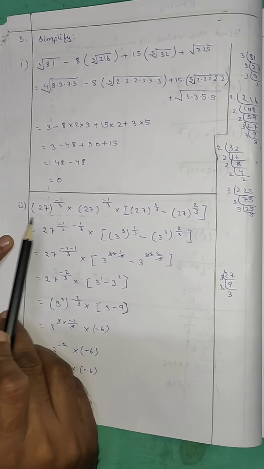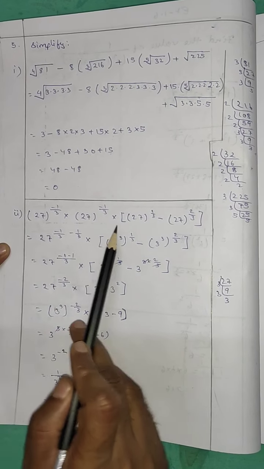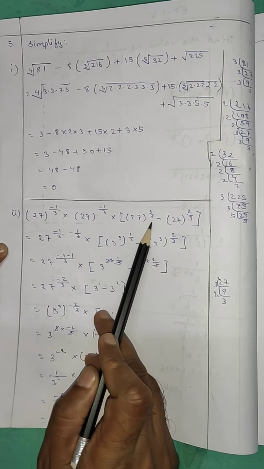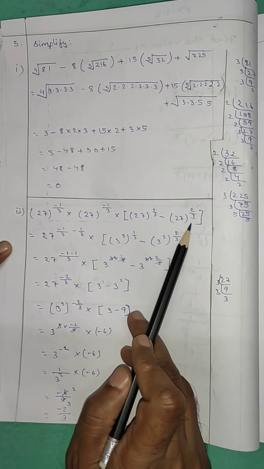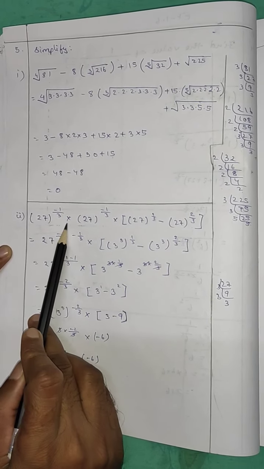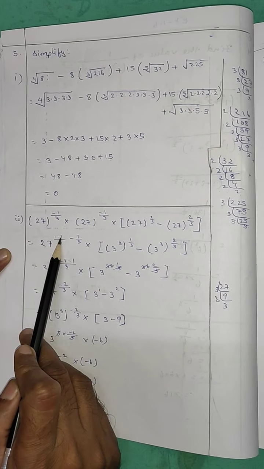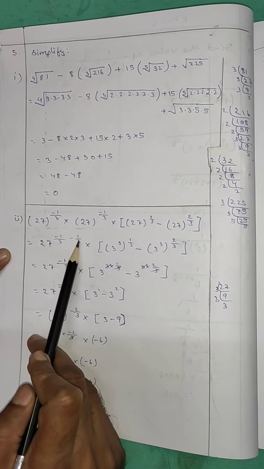Question number 2 now. 27 to the power minus 1 by 3 into 27 to the power 1 by 3 minus 27 to the power 2 by 3. Here for these two, same base, so powers are added. So 27 to the power minus 1 by 3 plus 1 by 3.